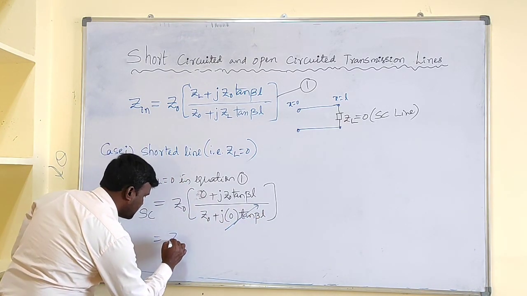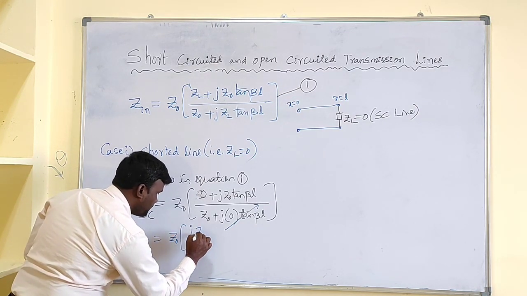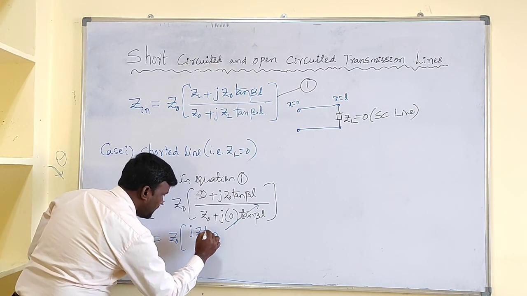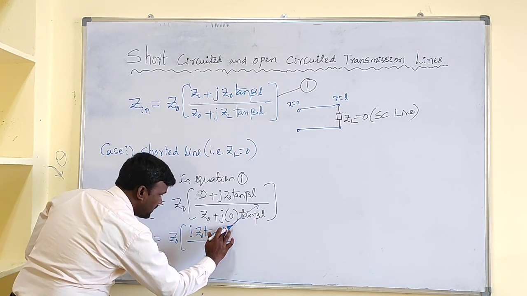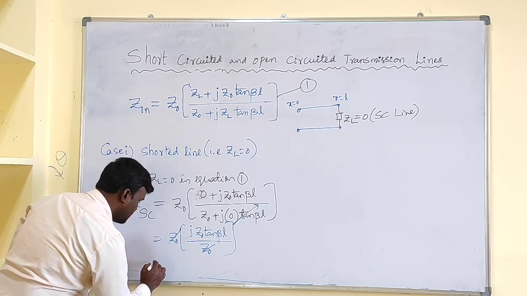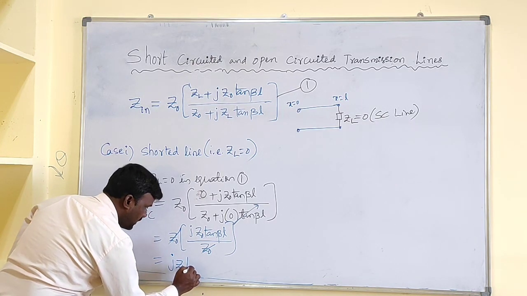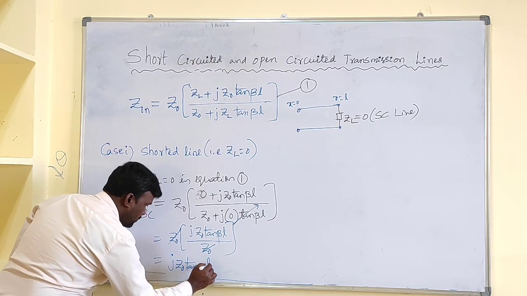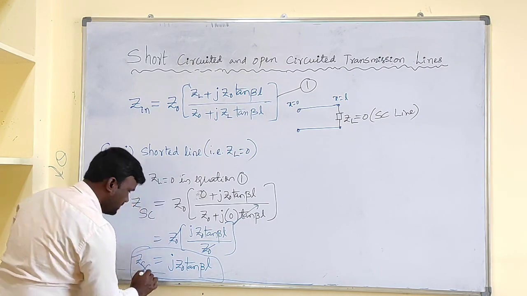Finally we have the expression Z0 into jZ0 tan beta L divided by Z0. So the Z0 cancels out, and it is jZ0 tan beta L.